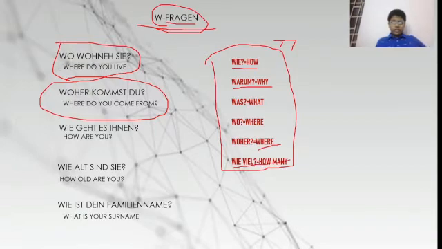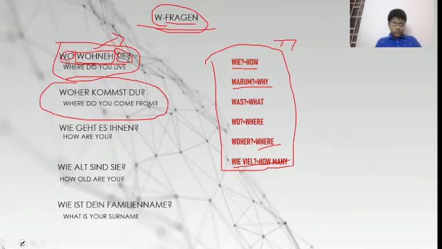Then the first question sentence is wo wohnen Sie, which means where do you live. See, as the previous rule that I taught, the verb will always be in the second position. So where do you live? This is the verb, this is the subject, and this is the question word.